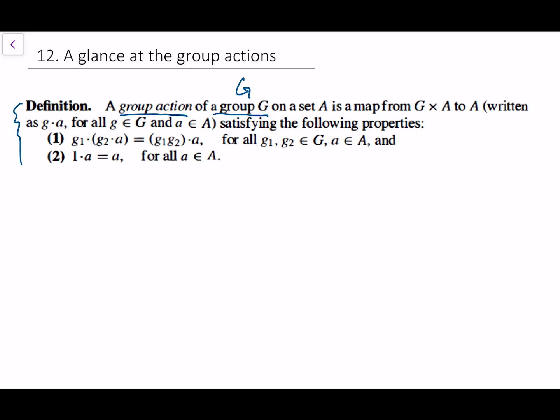Then the group G acts on a set A. This group action is a map from the direct product of G and A to the set A. So it means that you need to have a group G and a set A. The group action is defined upon the group G, and the action acts on the set A.